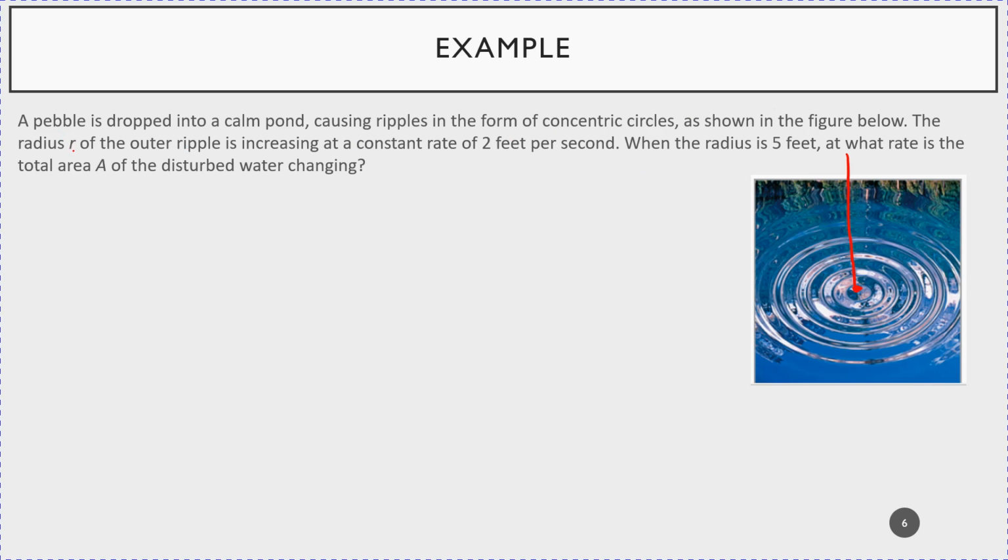So look what you're given: the radius r is increasing at a constant rate of 2 feet per second. So right here, you're given a rate of change of some type. When the radius is 5 feet, at what rate is the total area of the disturbed water changing? So they're asking you to find the rate of change of the area.